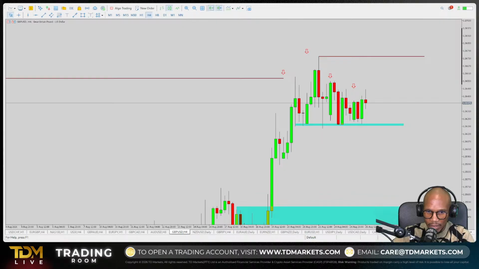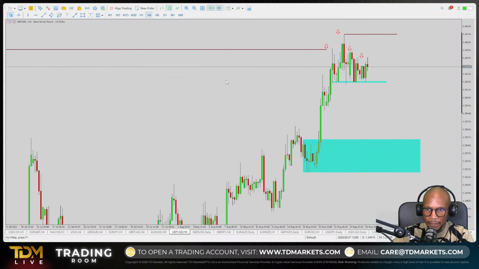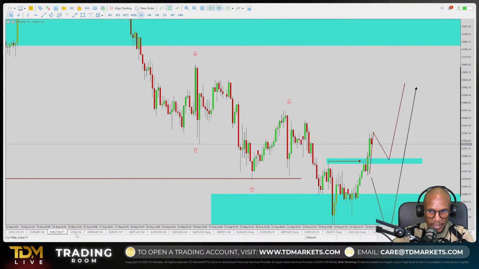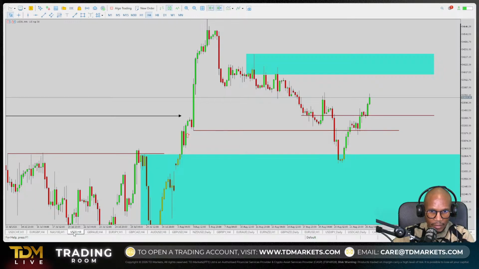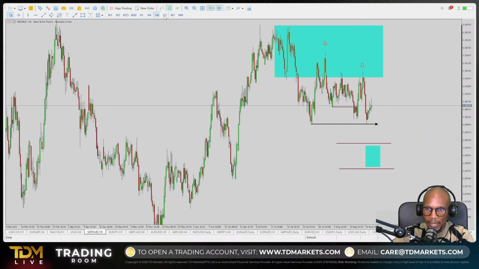So Euro USD and GBP USD, that's how they are looking at the moment. Everything's still the same. I don't think there is anything that's different. You've got your Nasdaq, USD Swiss, US 30, the yen pairs. We're still on the right track.